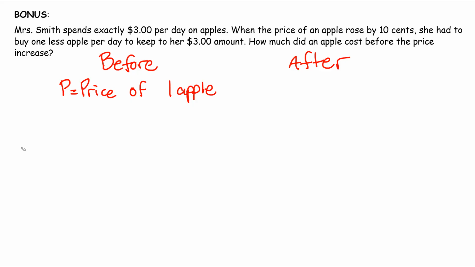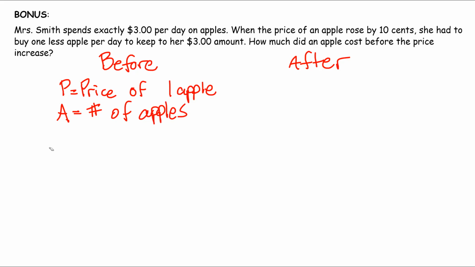And I'm going to keep all my prices in cents because I don't want a bunch of decimals in my problem. So P is the price of an apple in the beginning, and the number of apples she bought, that's another thing we don't know. So we'll call that just A for apples, the number of apples she bought.